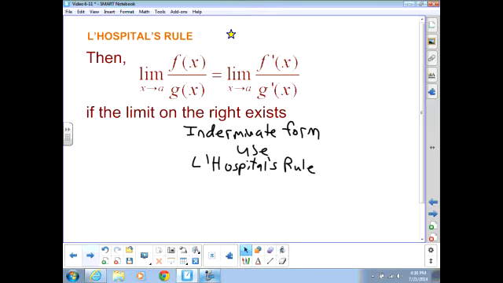So if you notice, when you do direct substitution, you have either a 0 over 0, or one of the infinities over one of the infinities. That is what will tell you that you're going to do L'Hopital's rule.